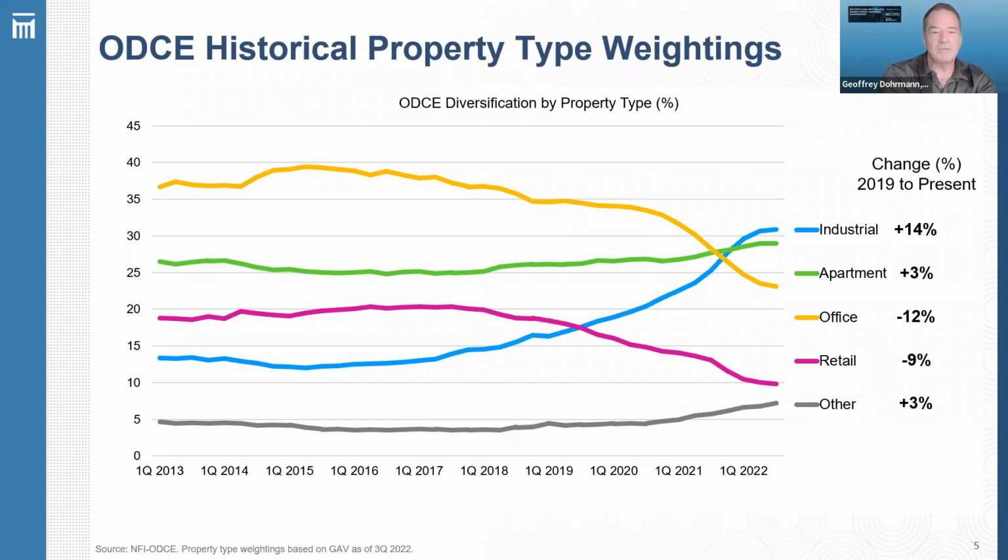Is there an observed difference among ODCE managers about levels of selling? For example, would most managers have sold, say, 2 to 4% of assets in the third quarter versus higher or lower levels of selling? Yeah. So, we'll get in and we'll show the actual math and the answer to that in a minute.